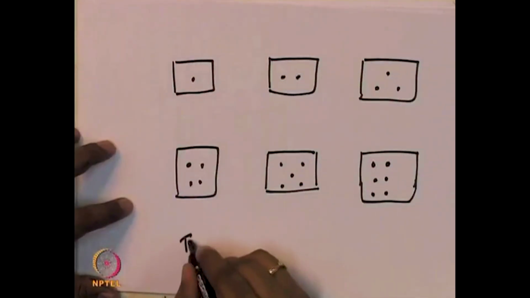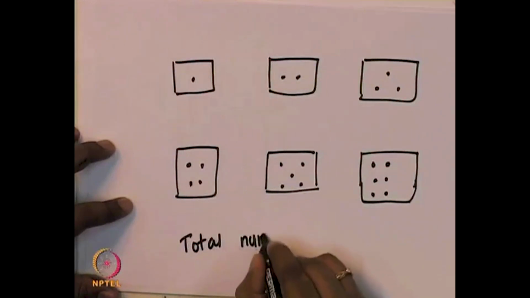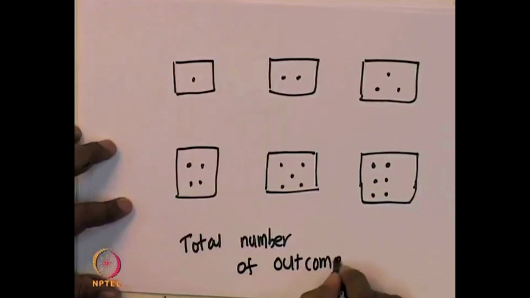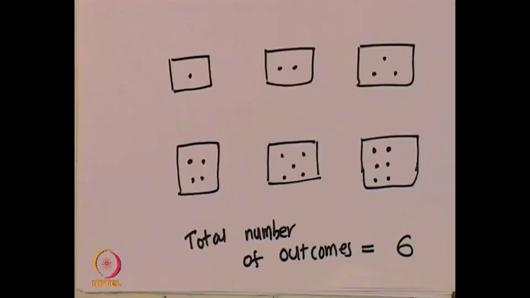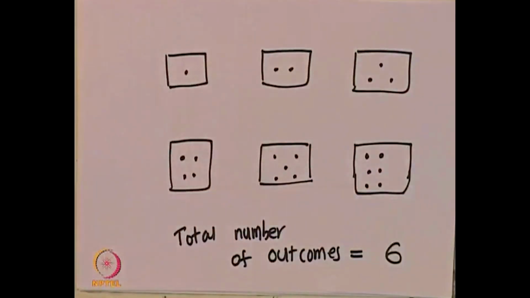Let us write here, total number of outcomes is 6. Each of them has equal probability. So, this has the same probability.